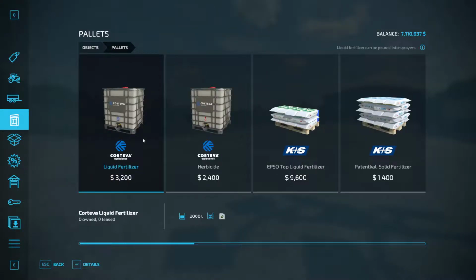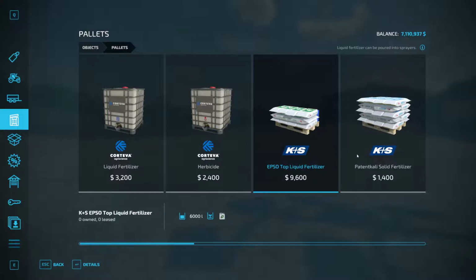So, brain back to the grindstone. Liquid fertilizer didn't provide an answer because obviously 2,000 liters, $3,200. Top liquid fertilizer, $9,600 for 6,000 liters. The ratios just didn't match up.